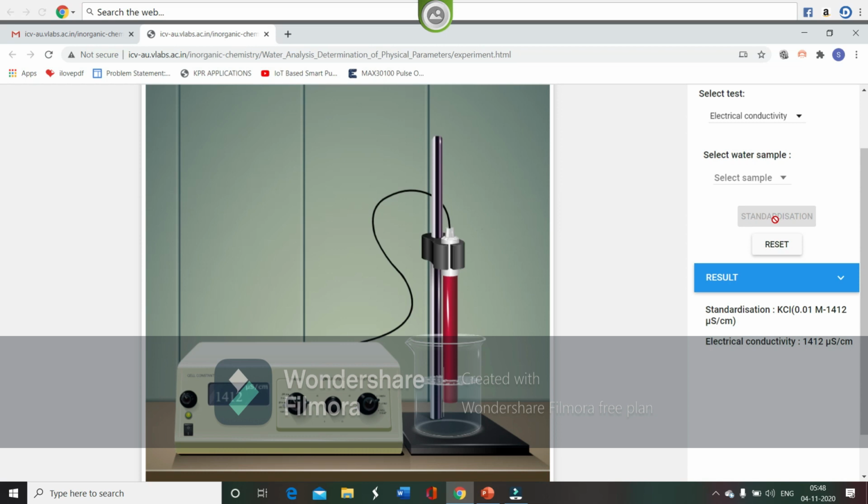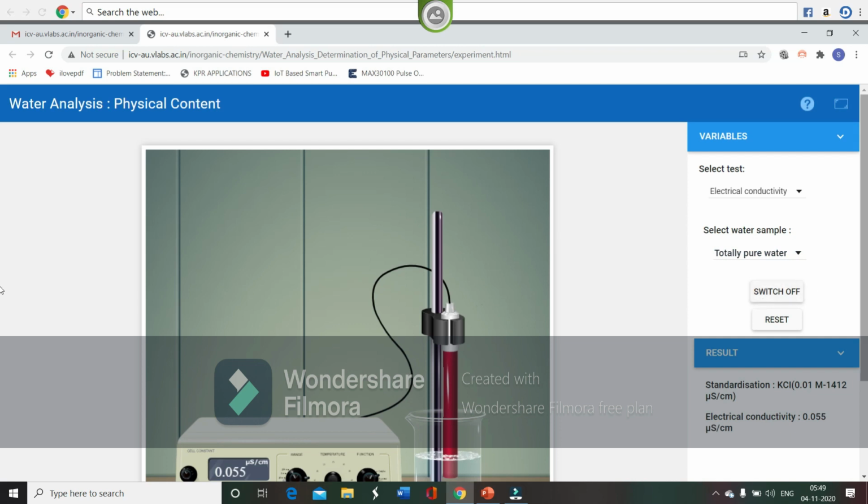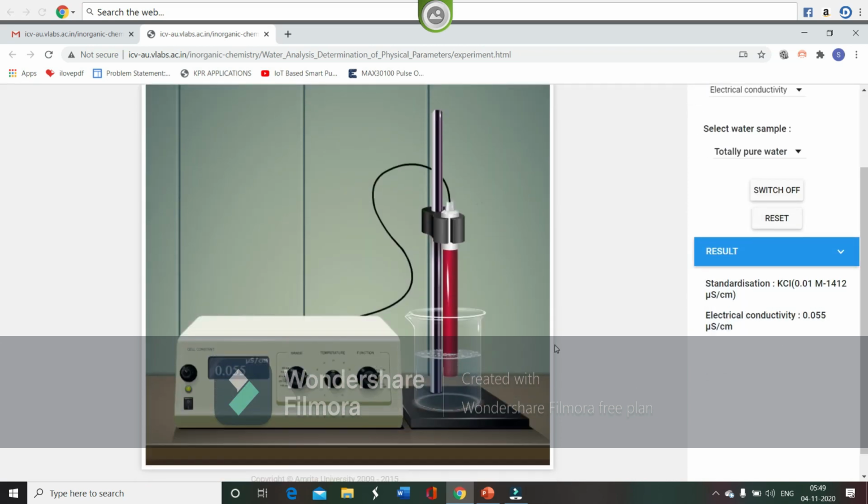It is found to be 1412 microsiemens per centimeter. Now select the sample, totally pure water, switch on the meter and check the result. The meter displays 0.055 microsiemens per centimeter.